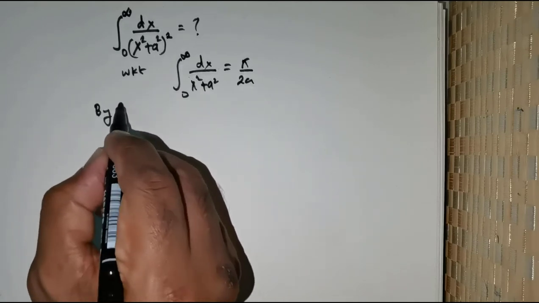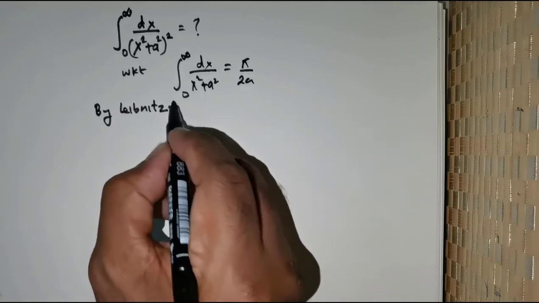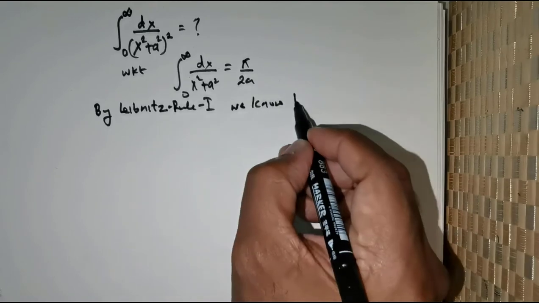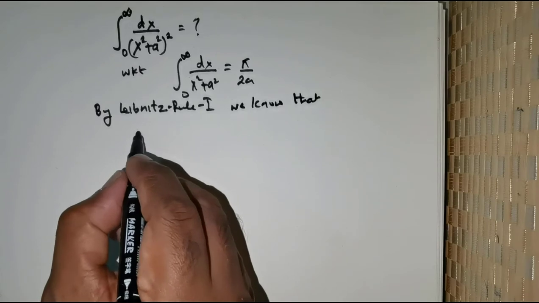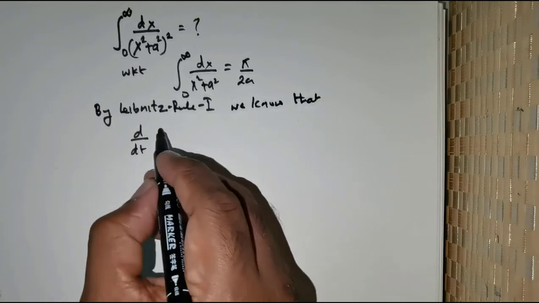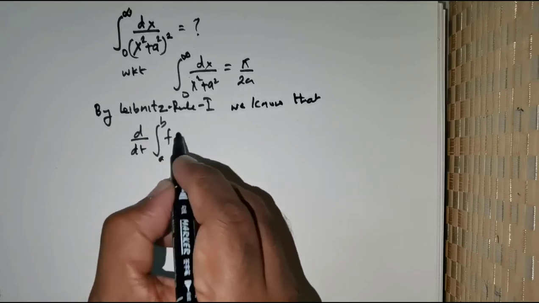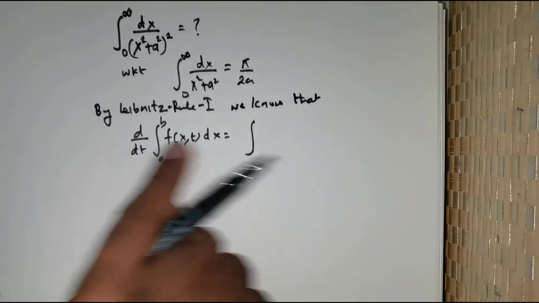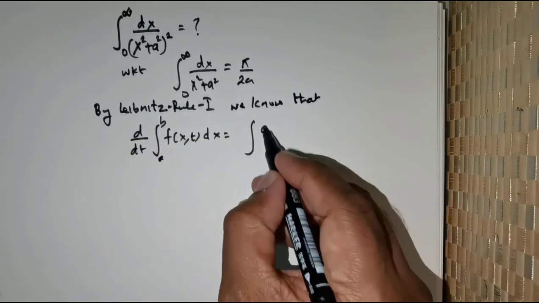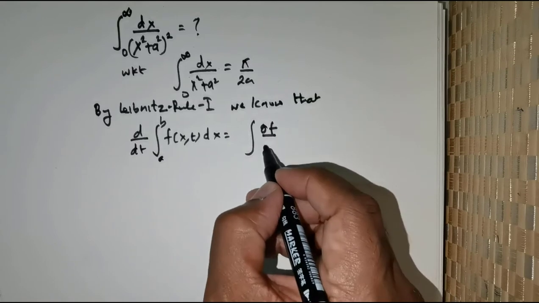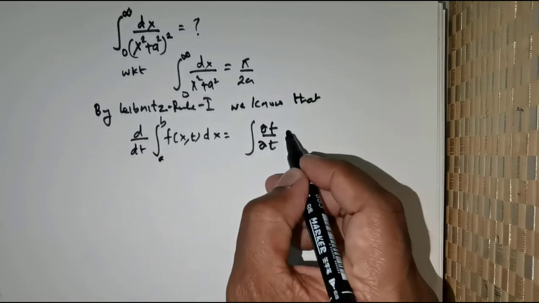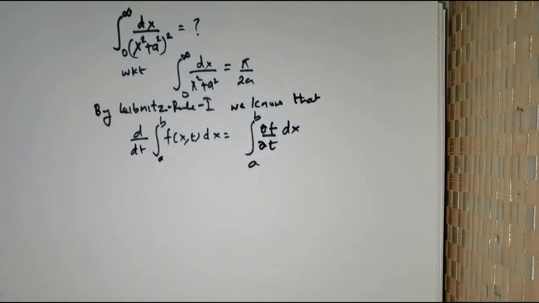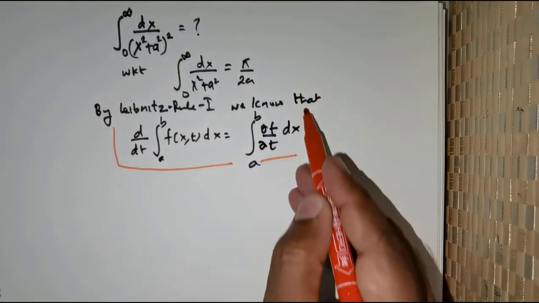By Leibniz rule number 1 we know that d over dt, the total derivative, of the integral from a to b of f of x comma t times dx is equal to the integral with d over dt pushed inside, becoming the partial derivative dou f over dou t, times dx, with limits a to b. This is the important result you will have to keep in mind.